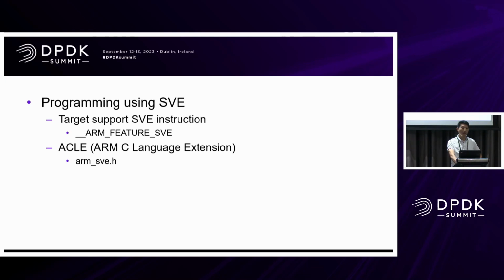The compiler will define this. And if you use the C intrinsics, that means programming using C language, then you also need to check the header support, arm_sve.h, if this header is included by the compiler. That's a requirement of using this feature.